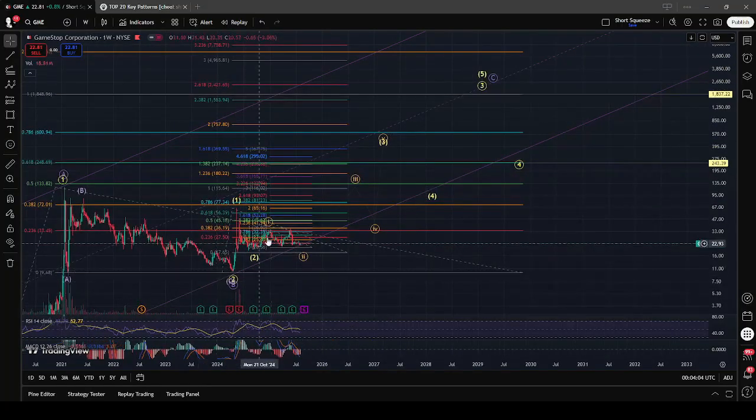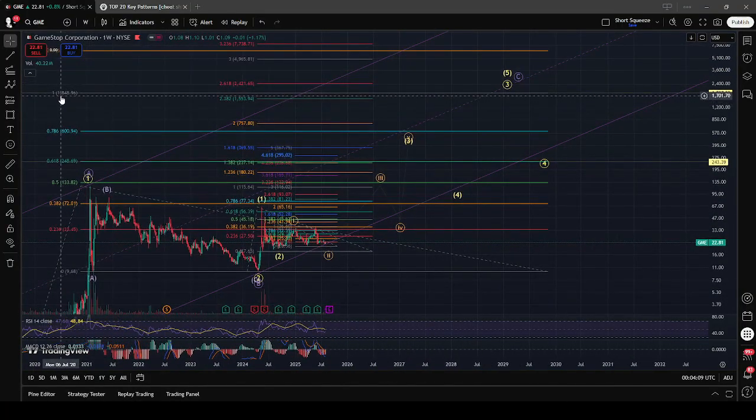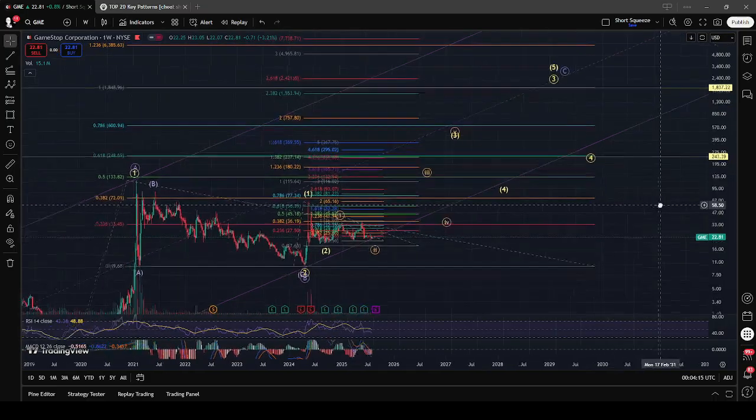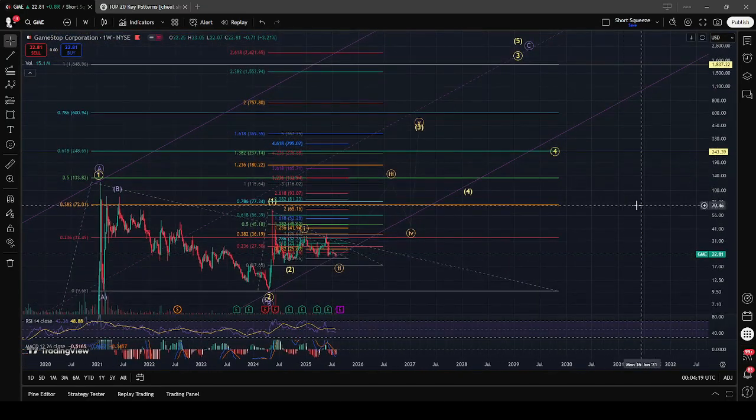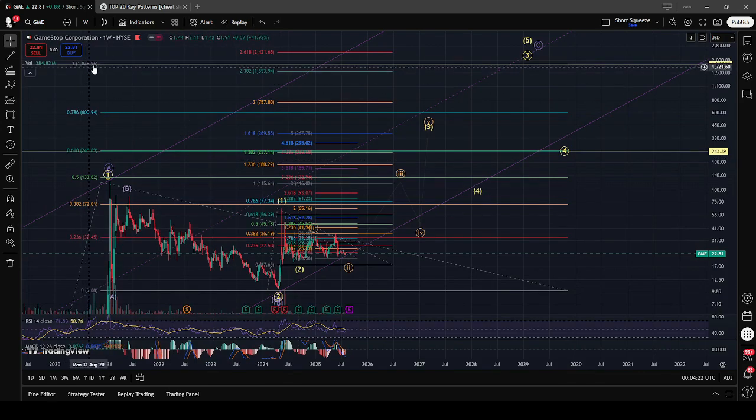So this move leading up to $1,800 could also very well take years to develop. Is there really much to complain about when you have this price target right here?